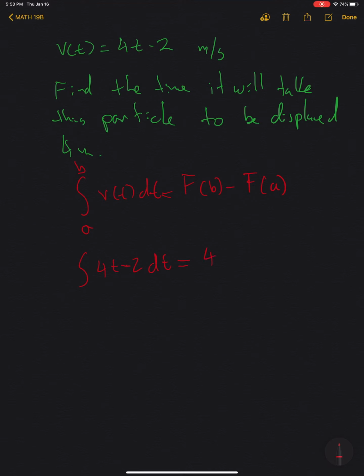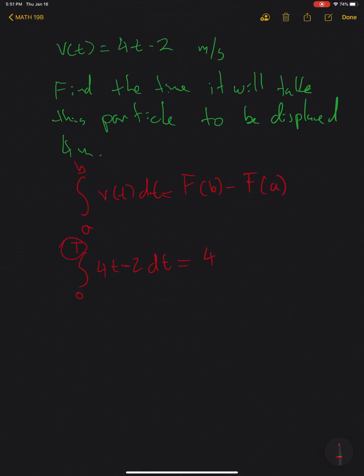Notice that we don't have a specific starting and ending point. So we can assume that our starting point is 0 and our ending point is t. Notice that this is basically a notation that we're using.